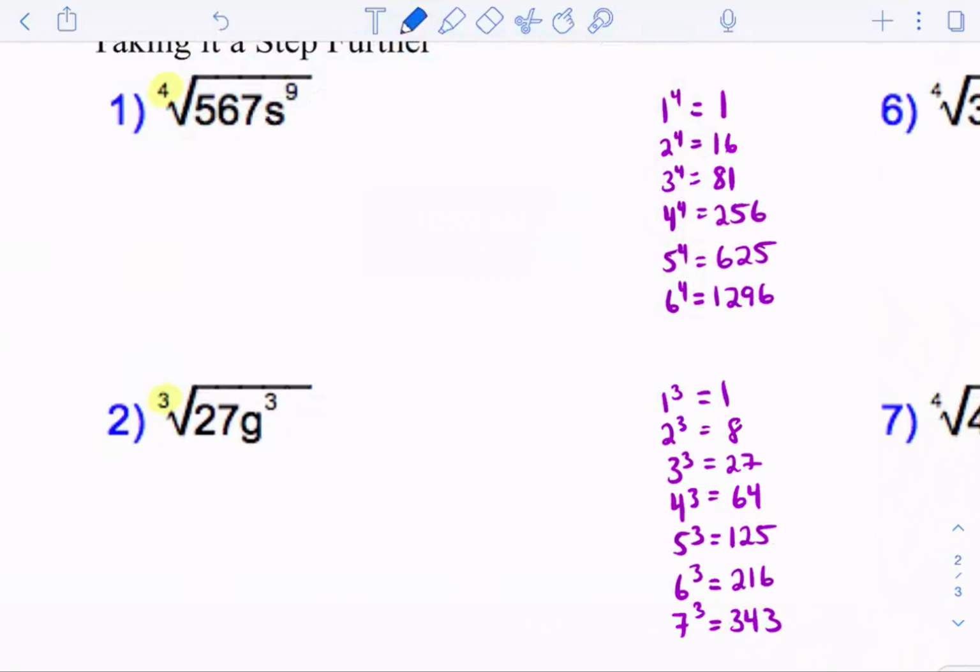So if I look at 567, I want to get the factors. So I go into the y equals. I'm trying to get the factors of 567. Okay. So I get 1 times 567, 3 times 189.